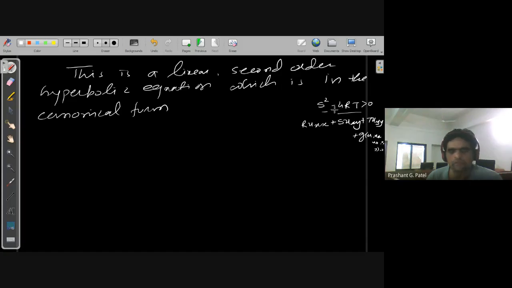And the canonical form of the hyperbolic type is del square u by del xi del eta is equal to some function phi of xi, eta, u, u_xi, u_eta.